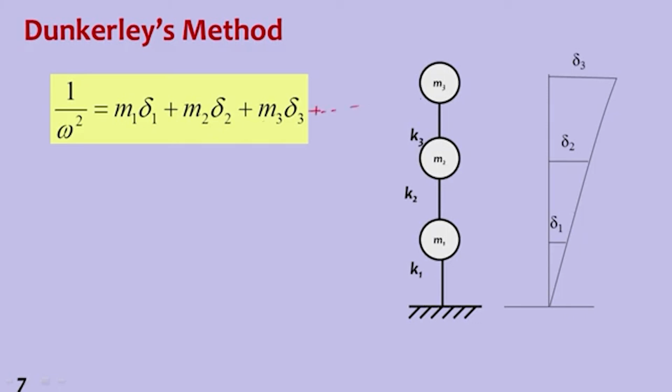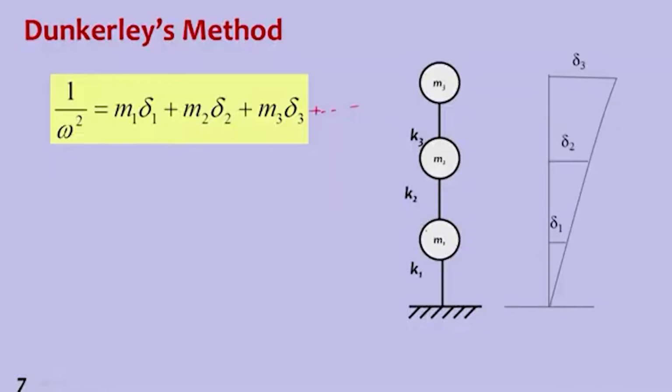It depends on the number of masses. If we take a 3 degree of freedom system, or a 3-story building, and we lump the masses at the center of mass locations or slab locations, and take stiffness 1, stiffness 2, stiffness 3 as column stiffnesses, then we estimate delta 1, delta 2, delta 3. These are flexibility coefficients. Now how do we estimate them? As you can see, this is the structure, and we need to find delta 1, delta 2, delta 3.